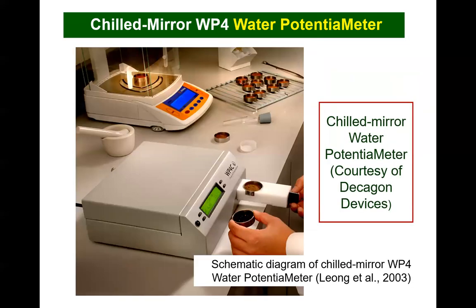The chilled mirror water potentiometer measures the dew point on a small soil sample. The dew point allows a direct measurement of the total suction of the soil. If the small soil sample and the measurement device are at the same temperature, measurements of total suction can be made within minutes.